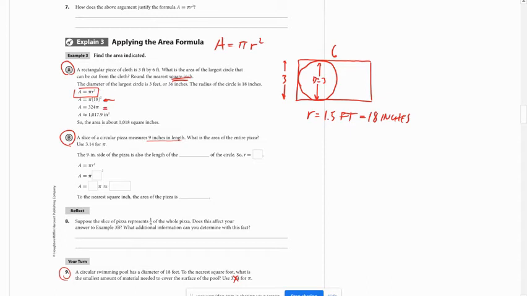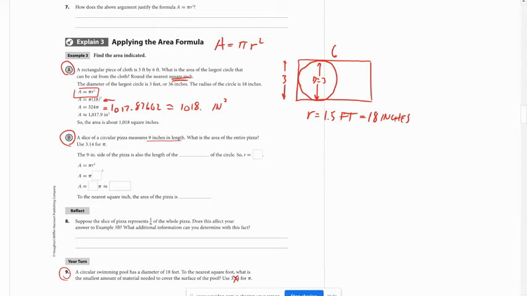And again, if you use the pi button on your calculator instead of 3.14, 324 pi is 1017.87602. And that rounds to about 1017.9 square inches, or inches squared. They actually said to the nearest inch, so we'll call that 1018 square inches.